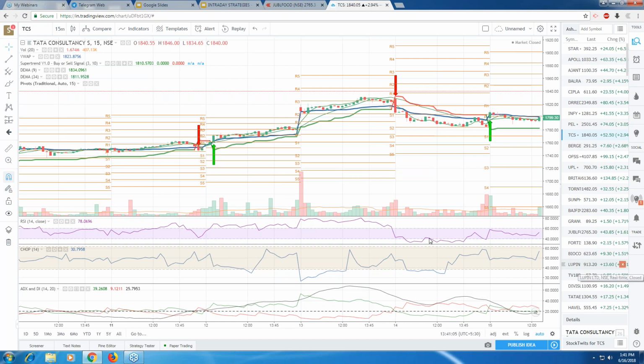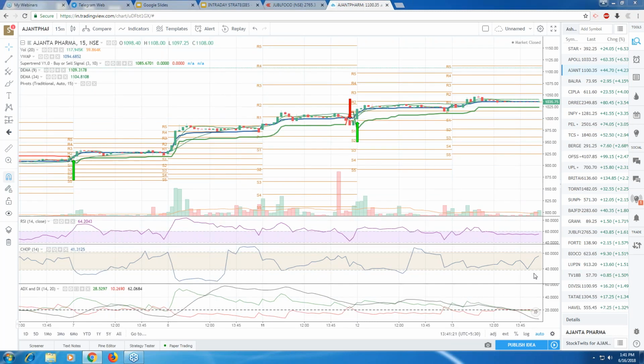Like, look into Ajanta Pharma. Somewhere here, we need an absolutely clear trade. Absolutely clear means all three have to be bang on, right? See here, RSI went up, choppiness came below. Green is trending strongly up, red is trending strongly down, and ADX is going up.